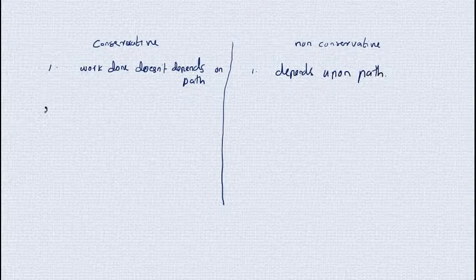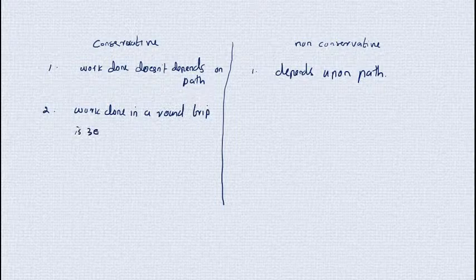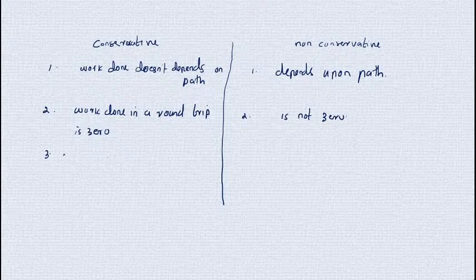Second important point: work done in a round trip is 0 for conservative force. In the non-conservative case, it is not 0. Third point: conservative forces are central in nature, that is, they are central forces.